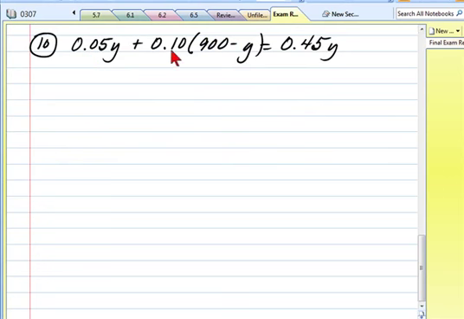Since each of the terms has the decimal in it, hundredths, hundredths, hundredths, I can essentially multiply by 100, and what that does is move the decimal point 2 places in every number. If you don't want to do this and you just want to leave the decimals in your problem, absolutely fine.